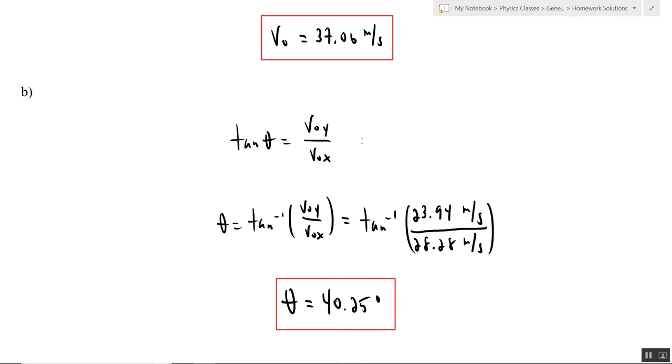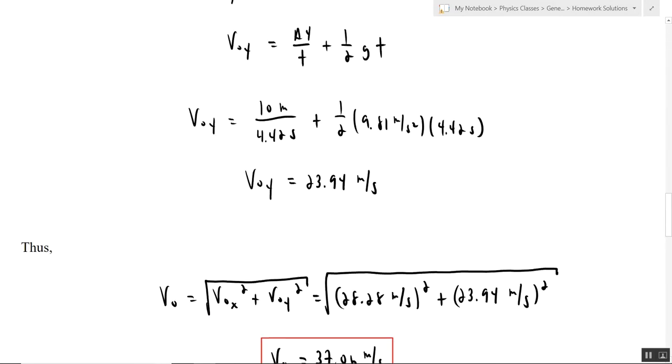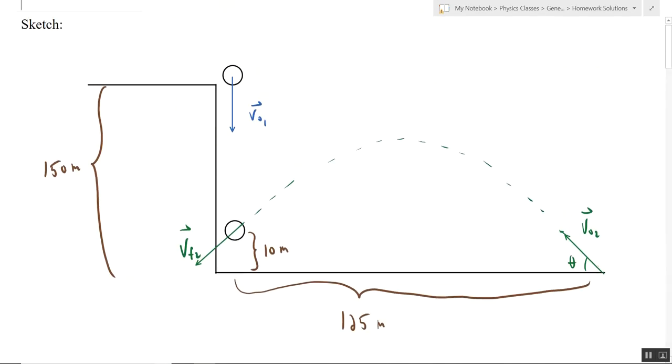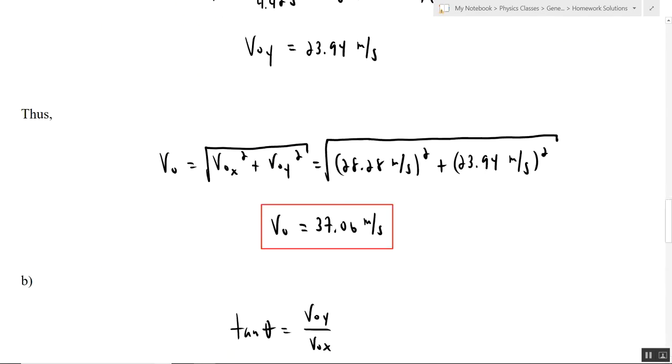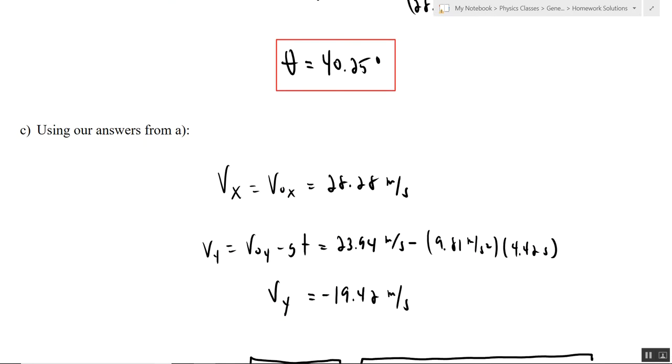In that 4.42 seconds, it'll travel a horizontal displacement of whatever it was, 125 meters, I think, or 115, I don't remember actually. 125 meters. And 4.42 seconds after it's launched, it'll be at a vertical displacement of 10 meters. So both balls will collide at that point, right? That's how you do that one. It's a little bit weird, but that's how you do it.